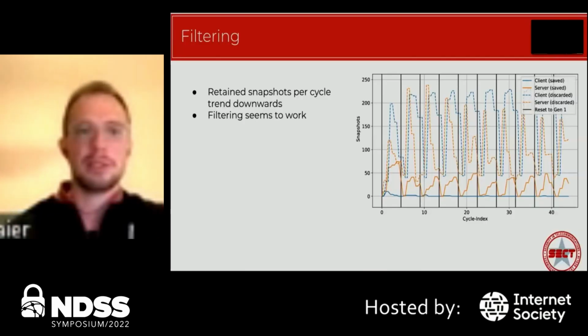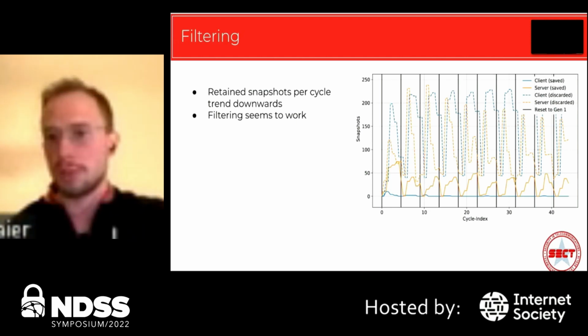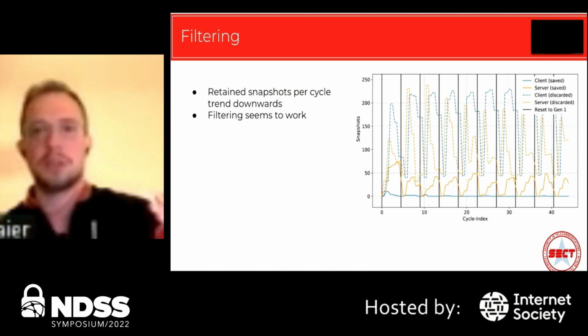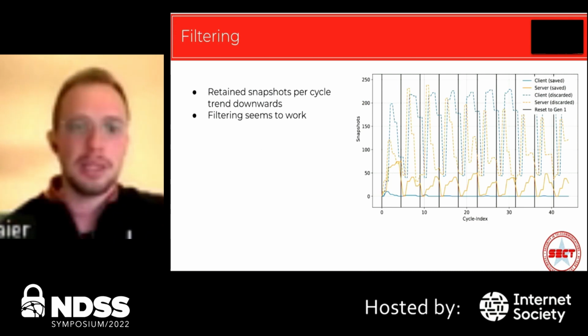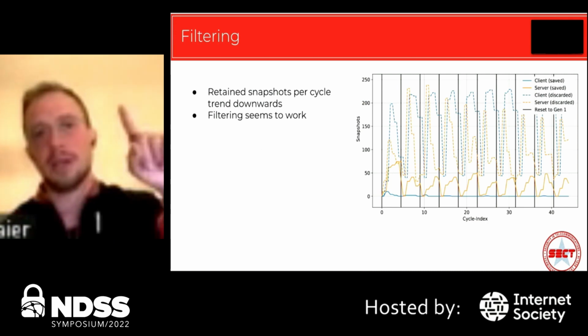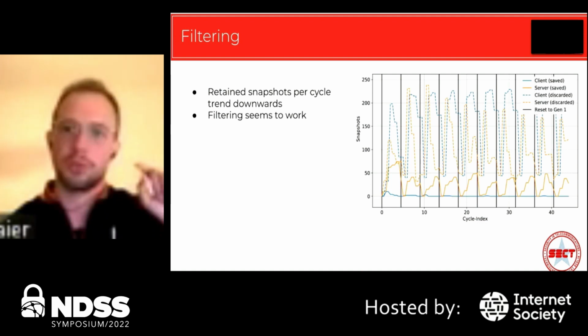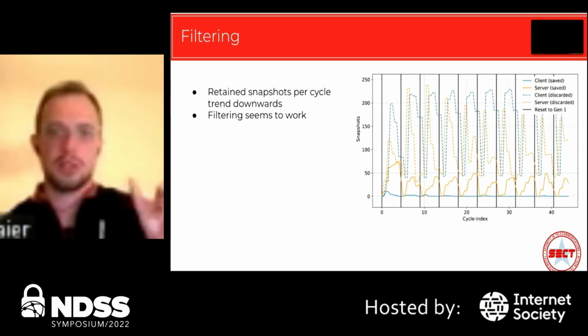That means we have more state exploration and potentially get deeper into the program. Then we also evaluated how well our filtering works, that Otto talked about, basically the output filtering. We also filter snapshots, so we don't take too many snapshots over time, because it fills up the disk. Here you can see the dashed line, which is the total outputs that would be able to produce new states if we hadn't used Jaro-Winkler distance to filter them.